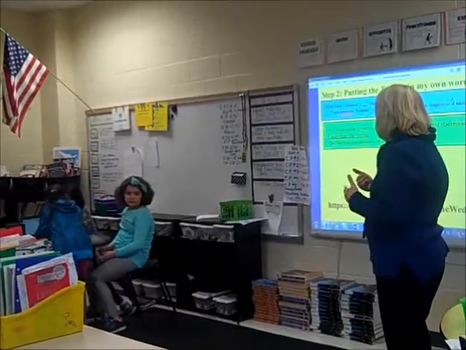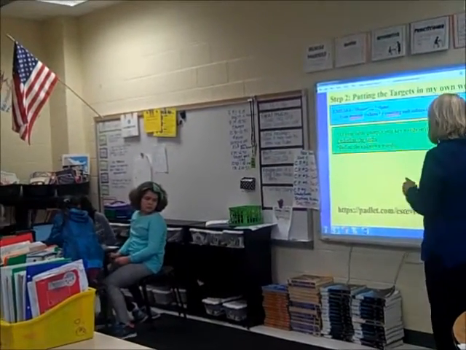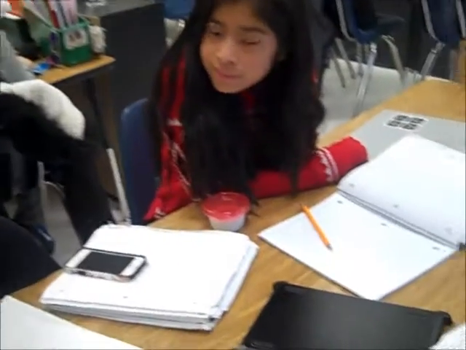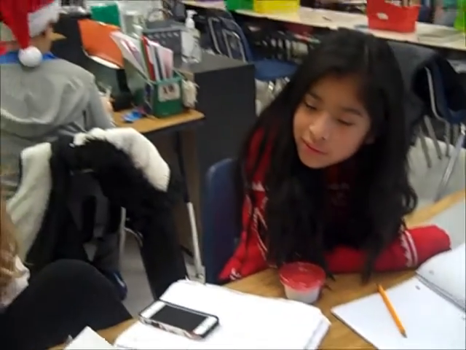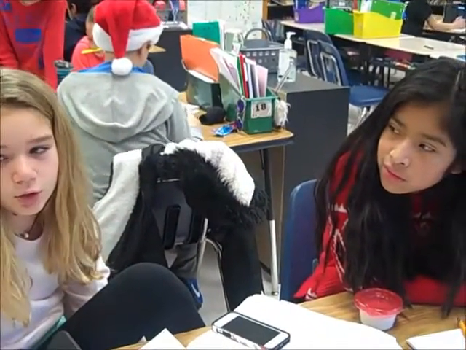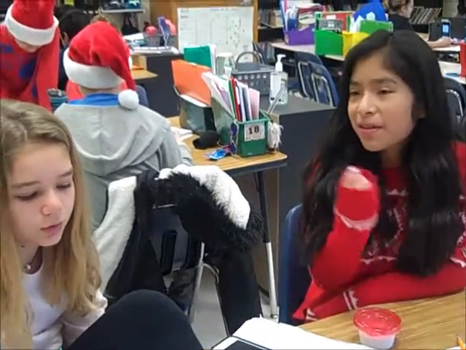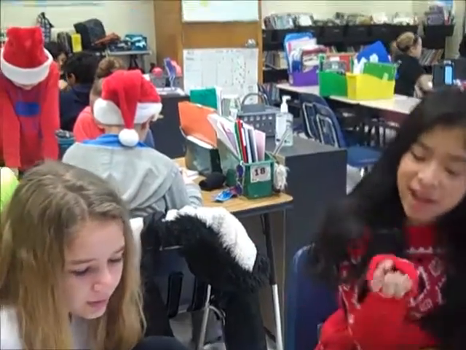Okay, I want to see, can you put the learning target statement in your own words? How about I can measure volume by using unit cubes. Well, that's kind of like the same. Yeah, I know.